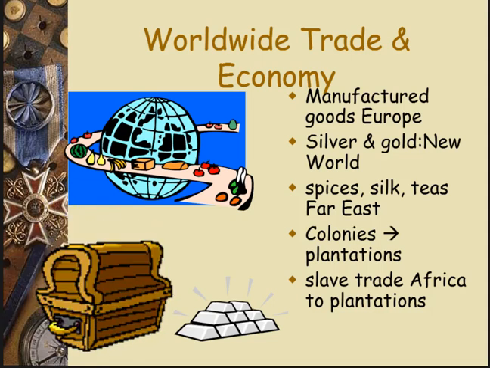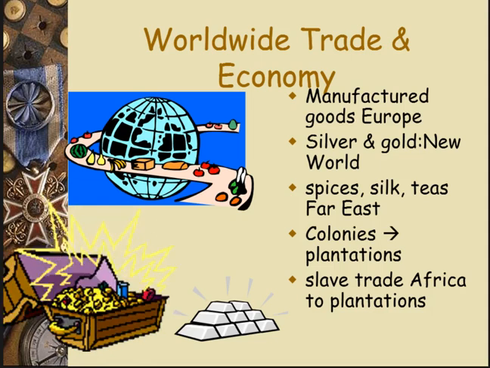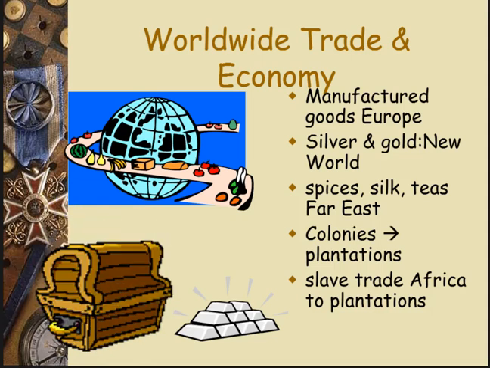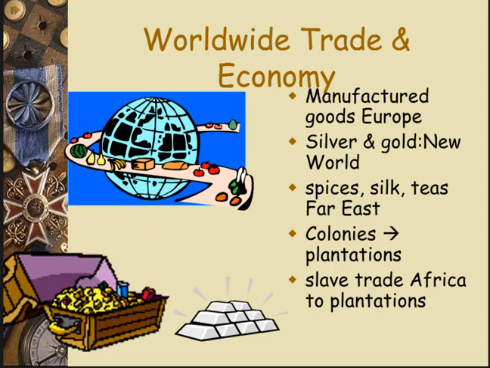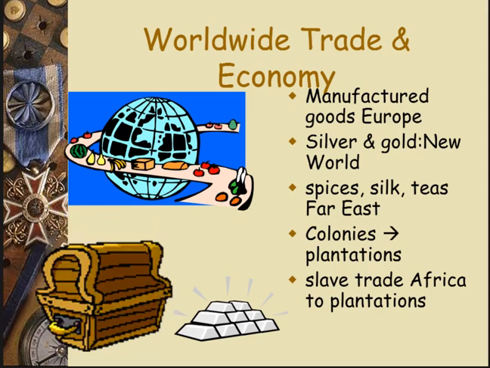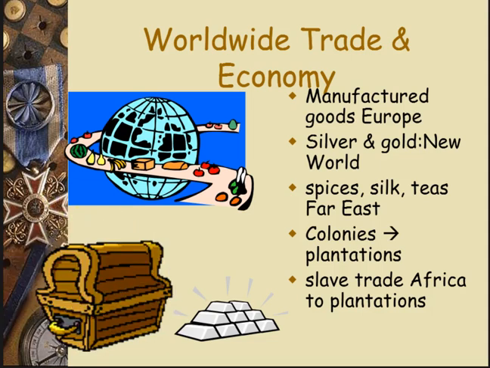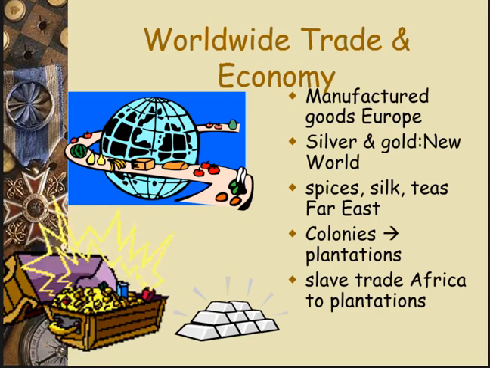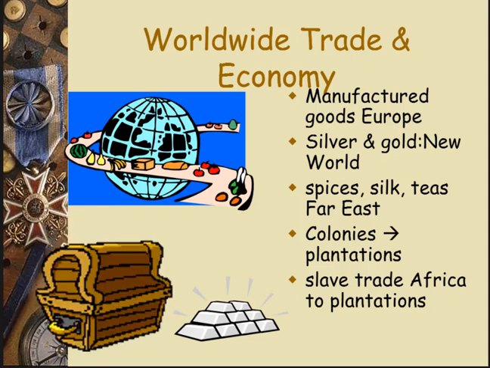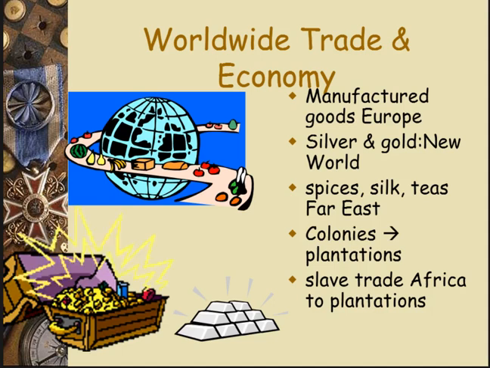Coffee will not grow in Europe. Chocolate beans, the cacao plant, that's not going to grow there. So a lot of this stuff that they want, they figure out, well, if we take over a piece of land somewhere else where it's warmer, we'll get them to grow it, and then we can consume it, drink it, whatever it is. So that also adds to it.